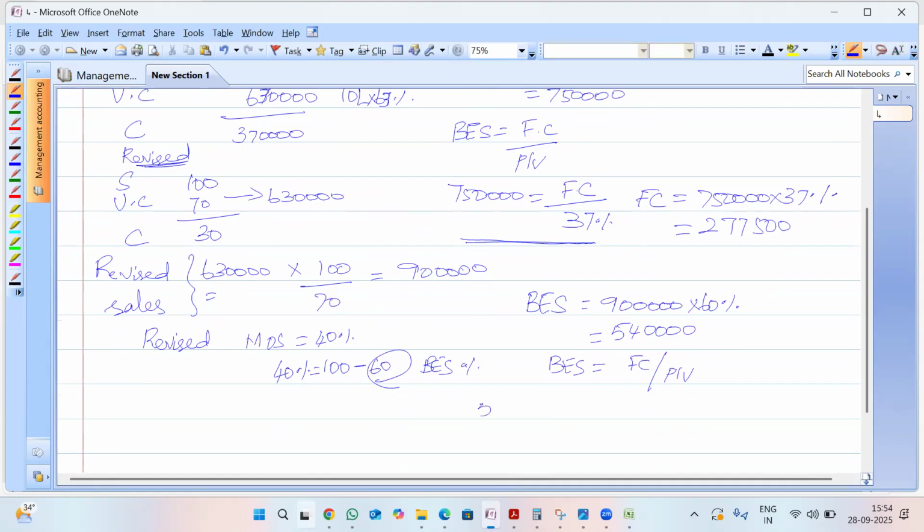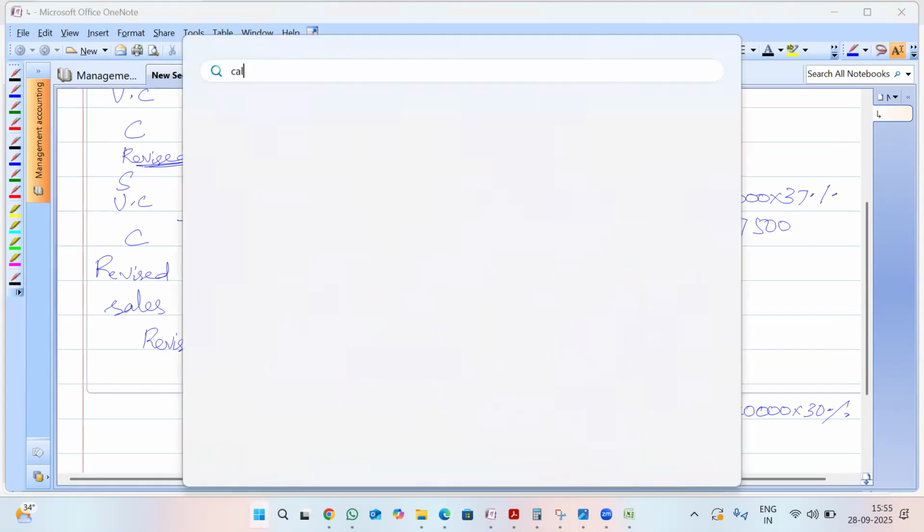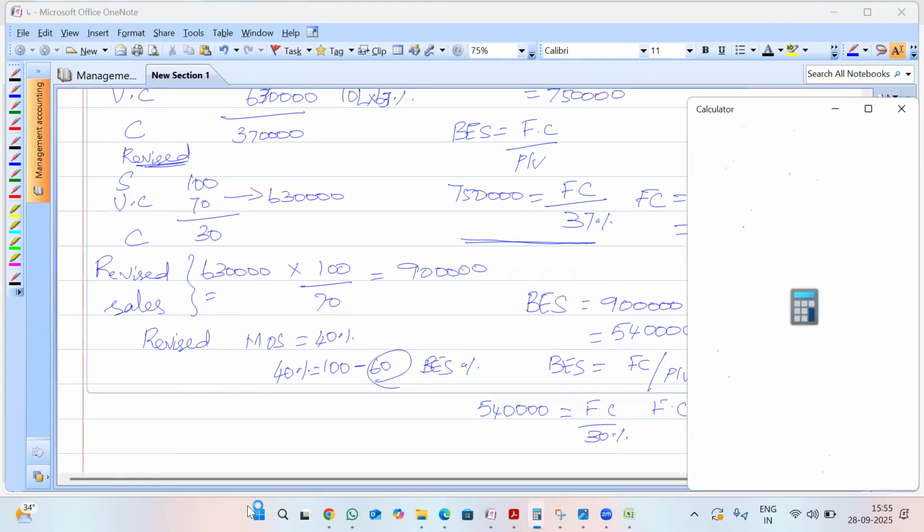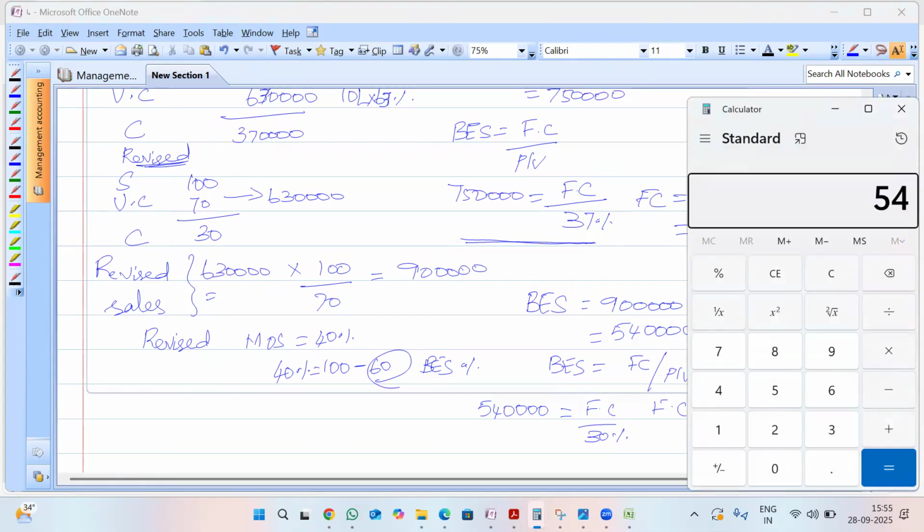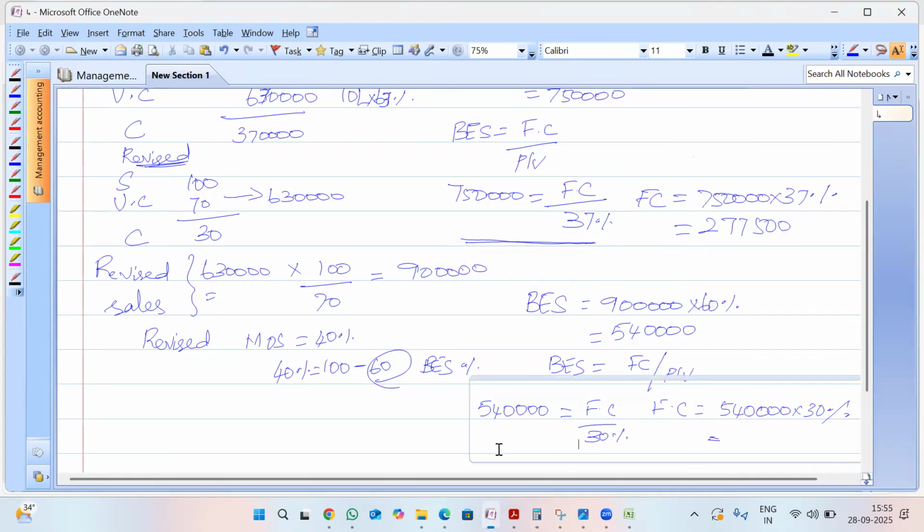So 5,40,000 is equal to fixed cost divided by 30 percentage. So my fixed cost is equal to 540 into 30 percentage. 1,62,000 will be my revised fixed cost.